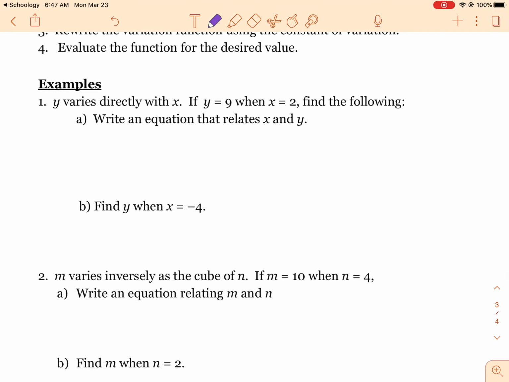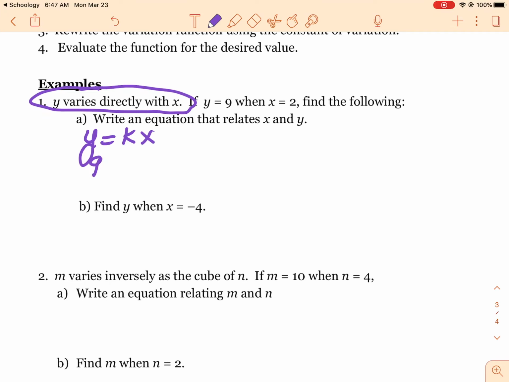So the first thing, y varies directly with x. They're telling you it varies directly, so we're thinking y equals kx. They said if y is 9 and x is 2, find the following. There's always going to be 2 parts.